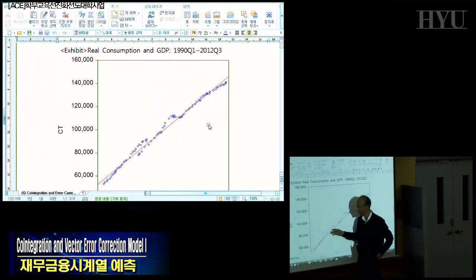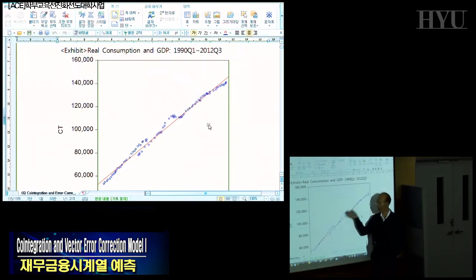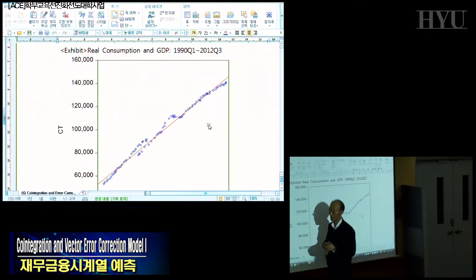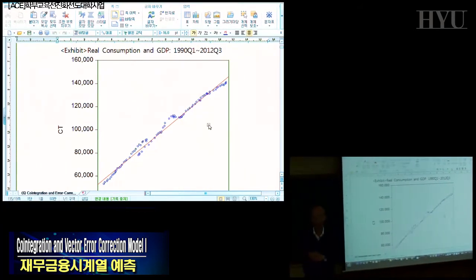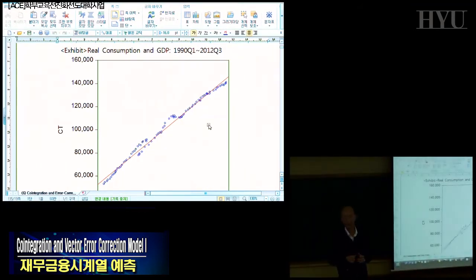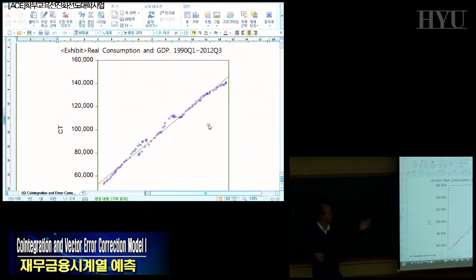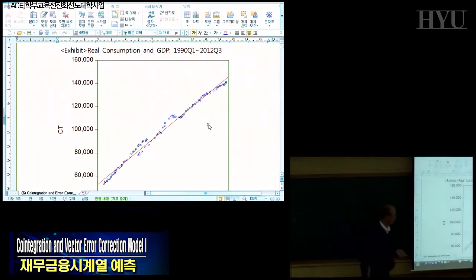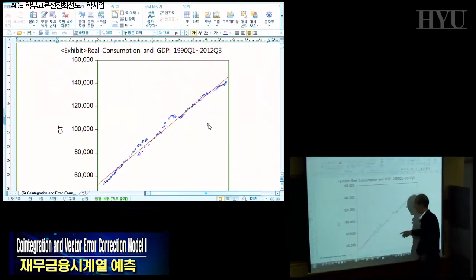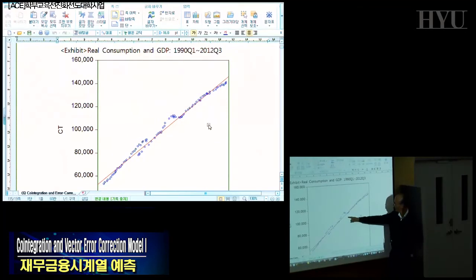But in other contexts like this one, consumption and income have a long-run relationship. Also, there is a well-known model called the Gordon model, or present value model, or dividend ratio model. It says there should be some sort of long-run relationship between stock price and dividend. So that's a quite commonly observed relationship in economics and finance.